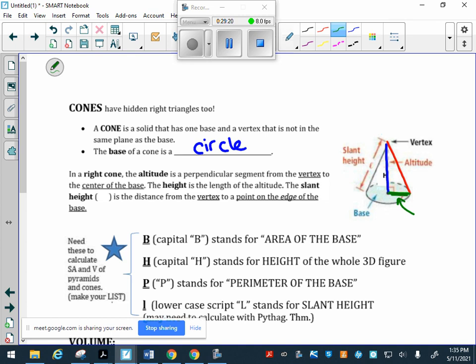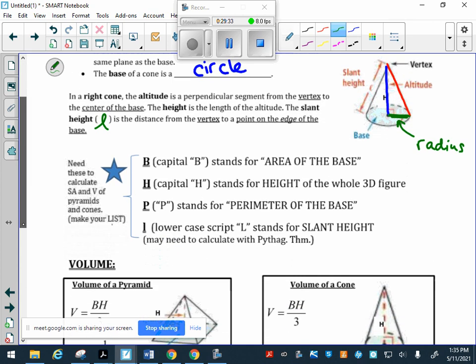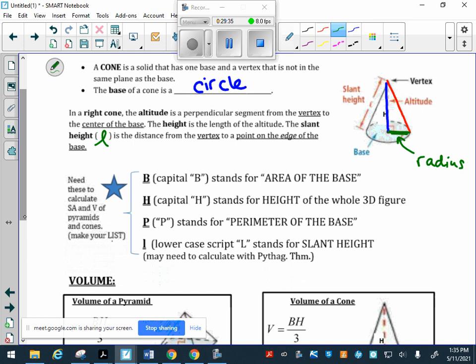From the center to the edge of the circle is called what? Radius. But it's the same idea. We still have a right triangle that you need to finish up your list that you have to fill out to find surface area and volume.